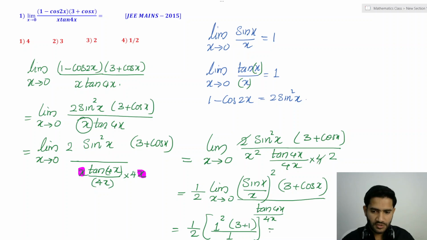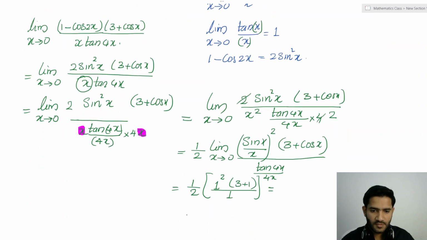So which is equal to 1 by 2, 3 plus 1 is 4. So we can divide 4 by 2. Answer is 2.